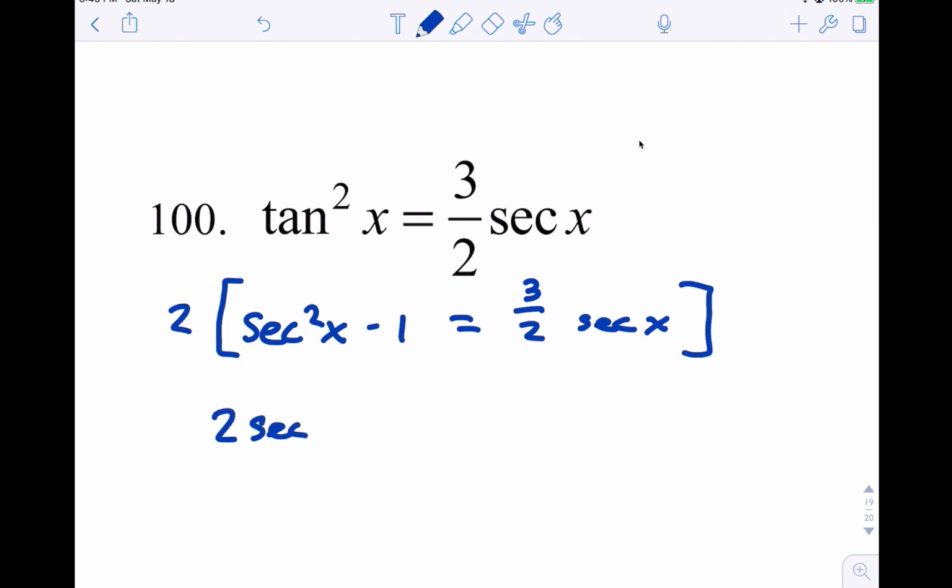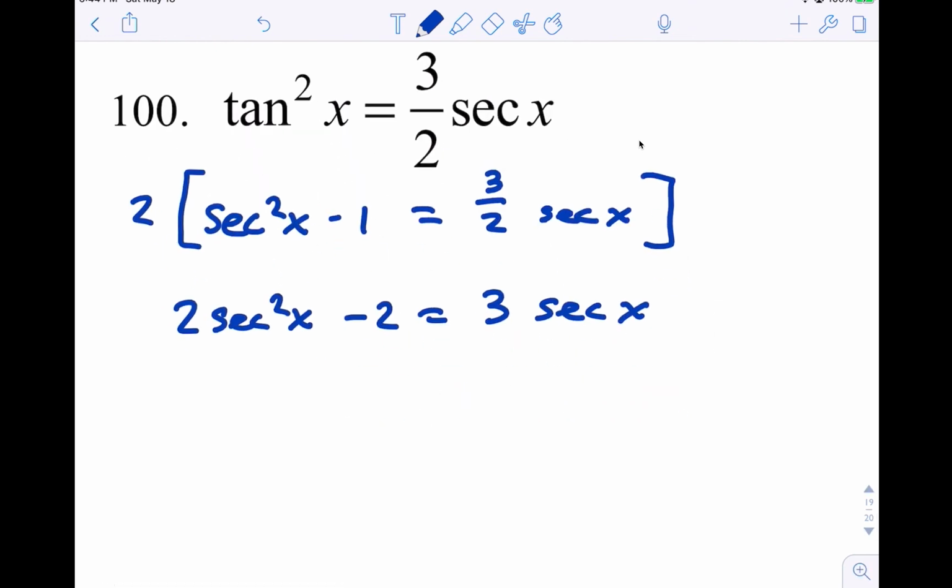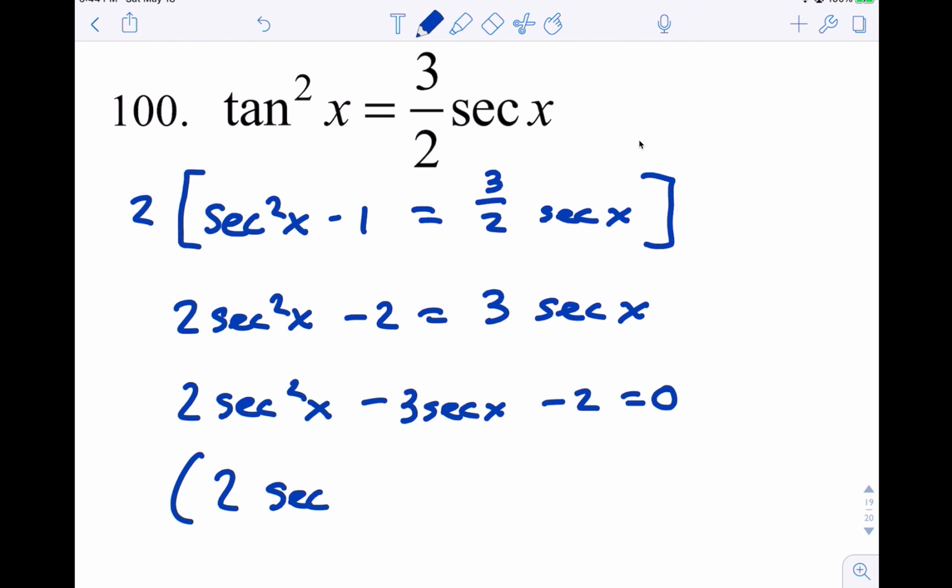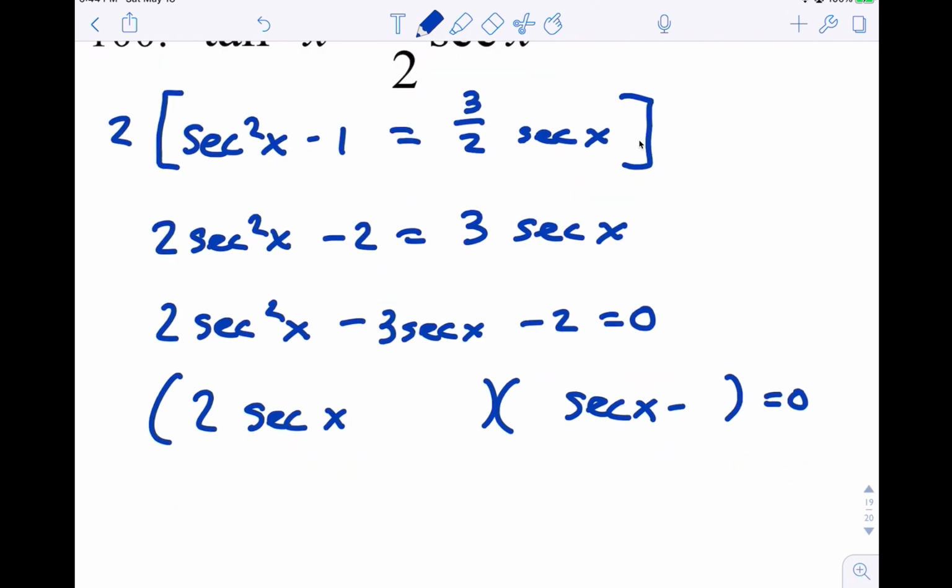So 2 secant squared minus 2 equals 3 secant. So 2 secant squared minus 3 secant minus 2. So 2 secant and then secant. Alright, so this would be minus 2 plus 1.